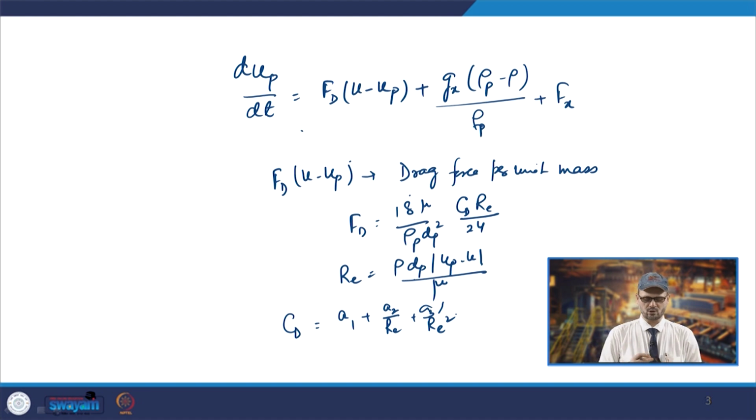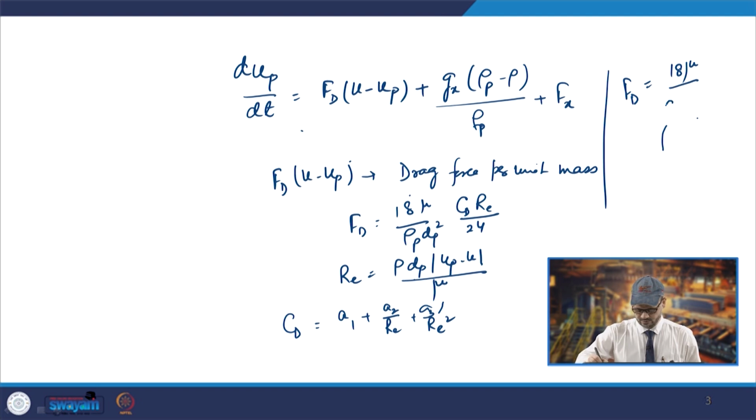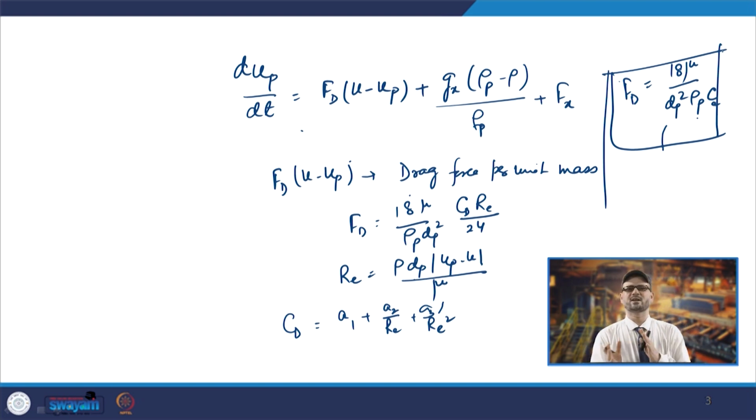This can be incorporated into your model, and you can have this being solved. You can also have, for submicron particles, the Stokes drag law applicable, and for those submicron particles you have this Fd as 18 mu upon dp square rho p into Cc. Again you may have different kinds of expressions, which you can take from the respective literature and use depending upon the type of particles.